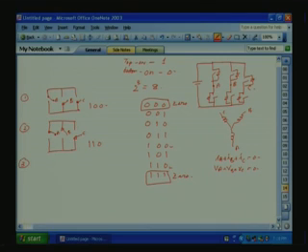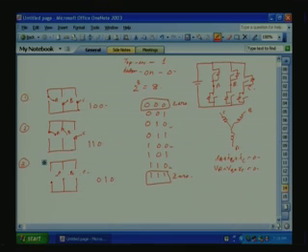Now let us take the third state, which is 0, 1, 0. Again we will draw the inverter poles, where they are connected, A, B, C. Now what we are talking about is 0, 1, 0.